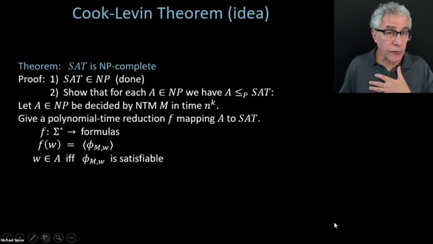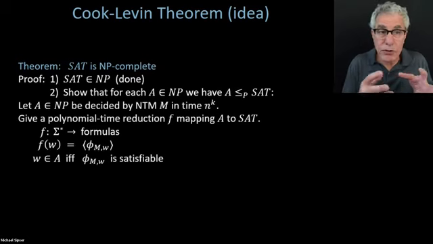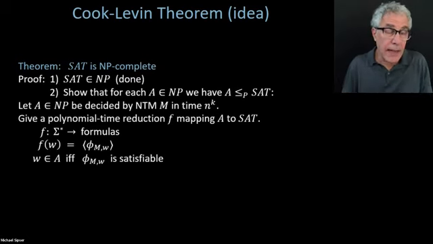How can I produce such a formula? Of course, I don't know whether w is in A or not, because I'm just a polynomial time reduction, and A is an NP language, so polynomial time probably is not enough to solve whether w is in A. So I've got to do that mapping without knowing the answer.